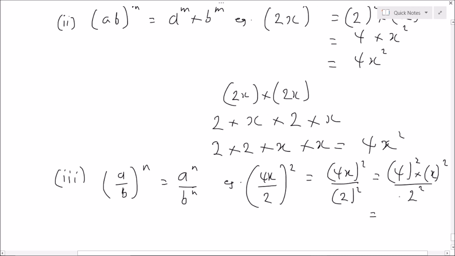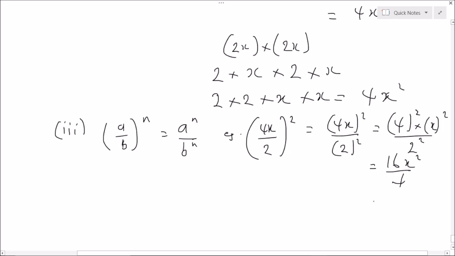This gives us 4 squared is 16, that's 16s squared over 4. Simplifying further, 4 will go into 16, 4 times. That gives us 4s squared.